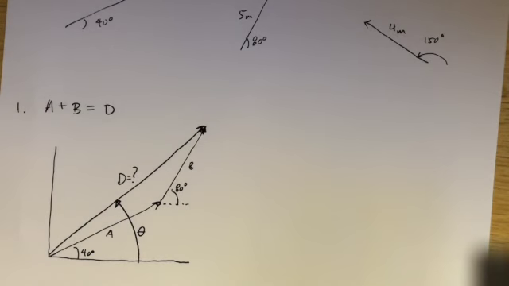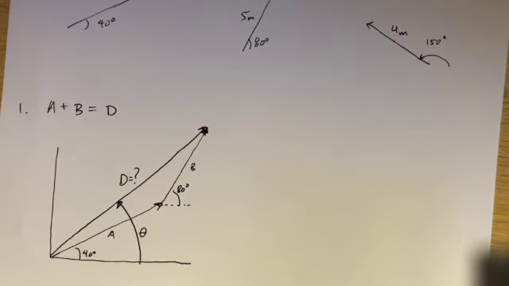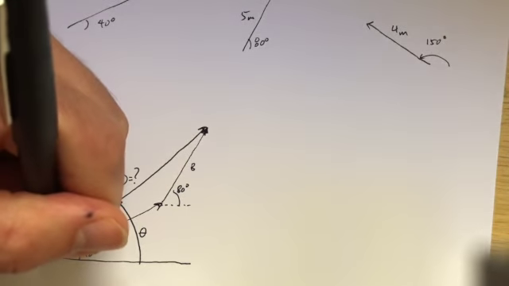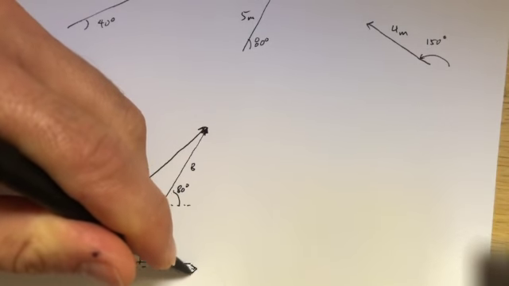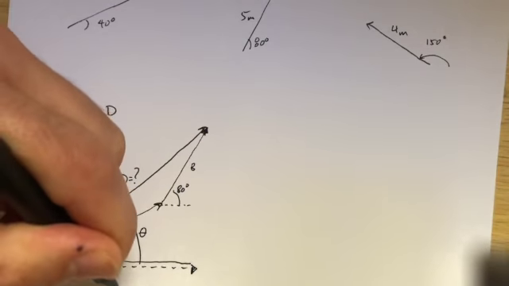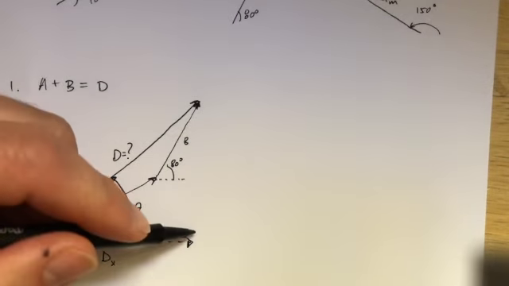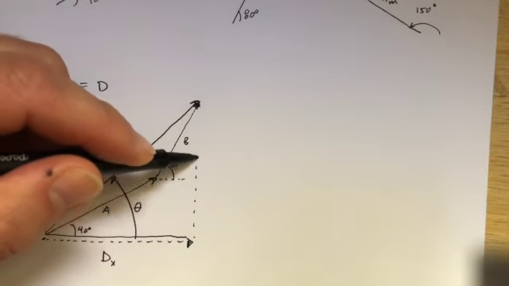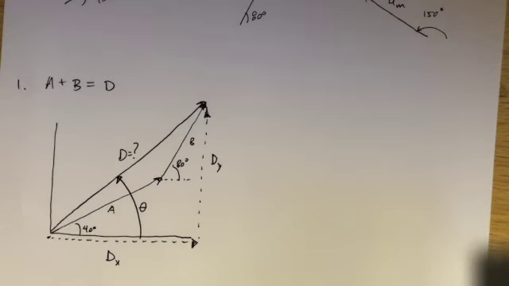Okay, well, in order to do that, I need to know what the components of D are. And so vector D will have an x component, D sub x, and it will have a y component, D sub y.